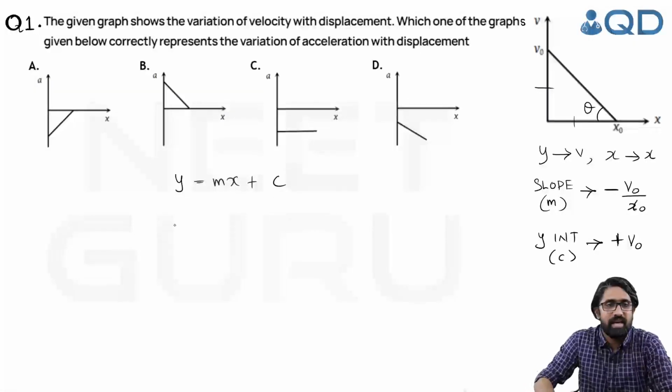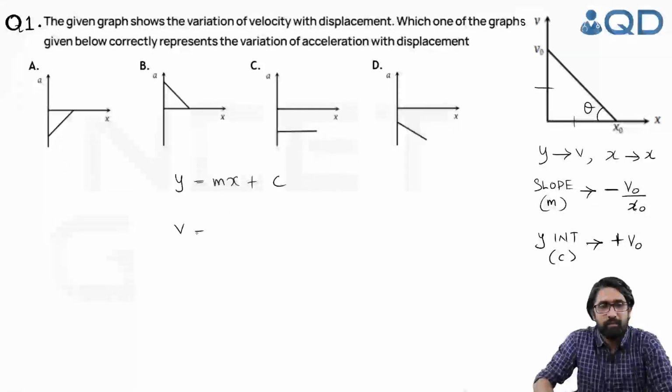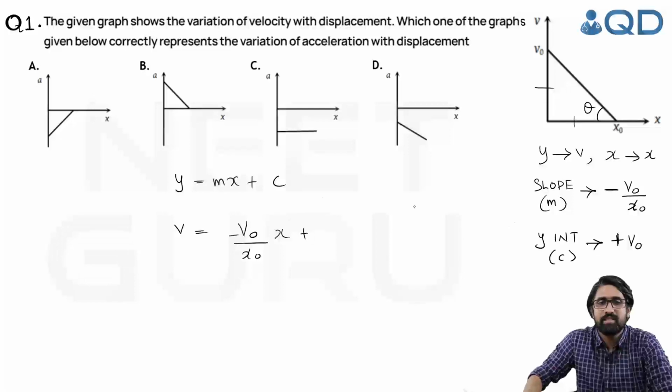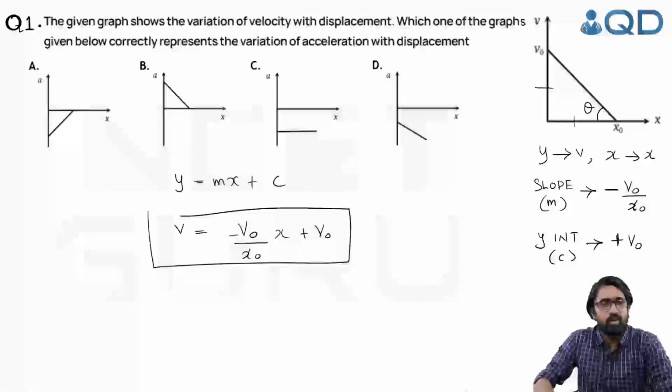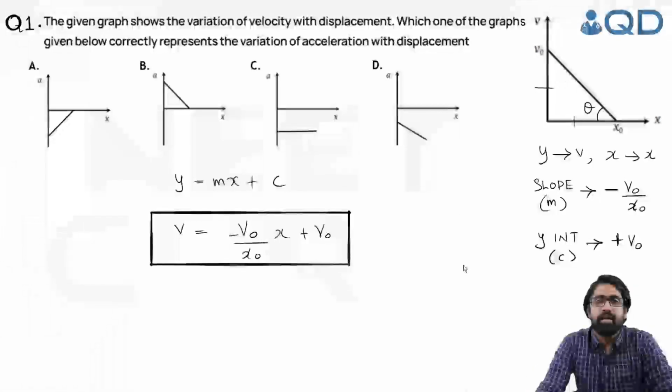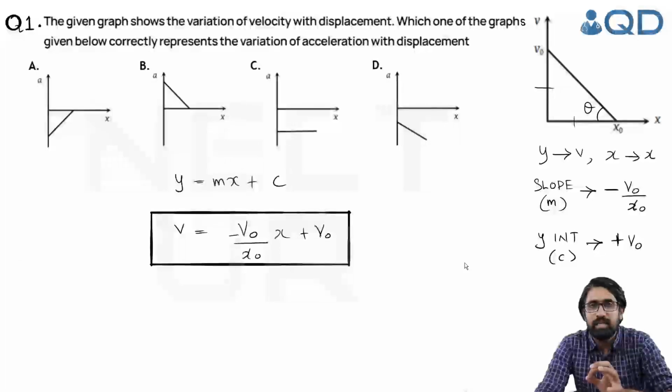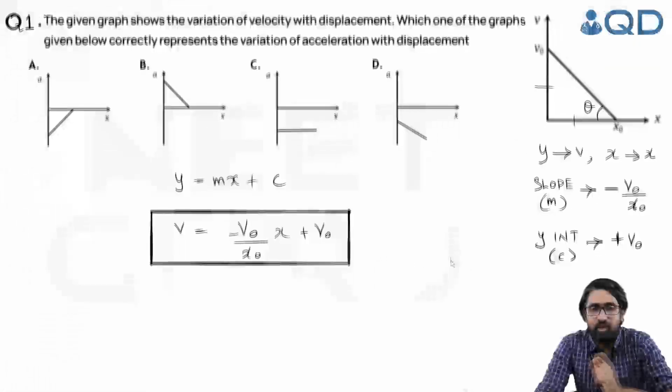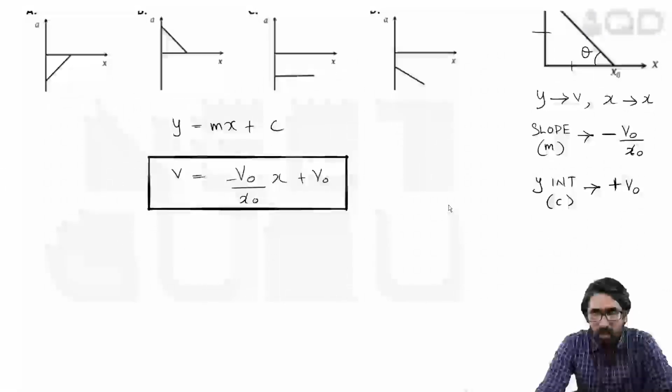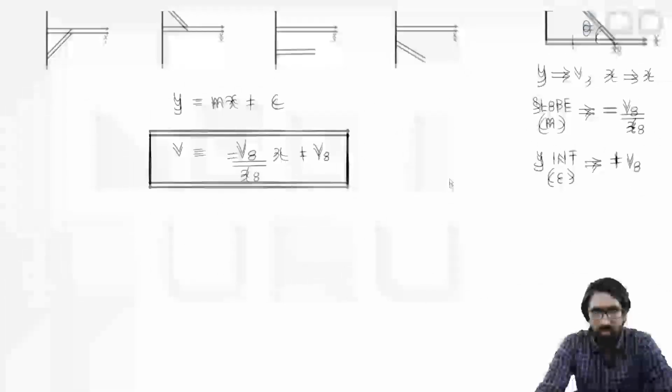In this case, we can write v instead of y, and minus v0 by x0 instead of m, which we have figured out already, and then we have x plus the y-intercept c is v0. So this equation gives us an expression for velocity in terms of displacement, which is exactly marked in the graph given. And we know that if I take the derivative of velocity, we get acceleration.